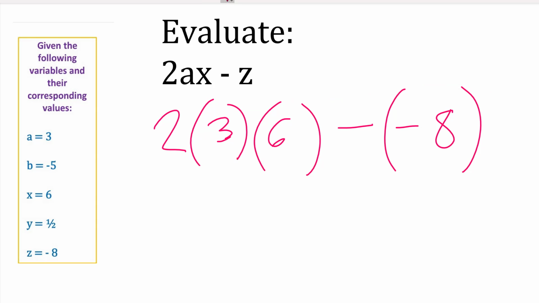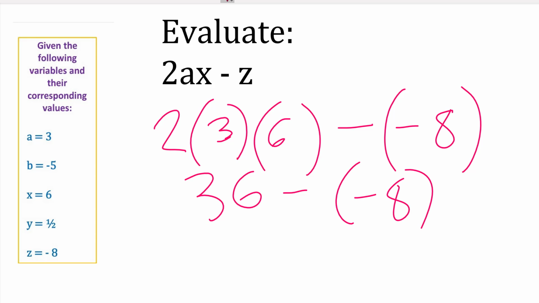So if we simplify 2 times 3 times 6, that's 2 times 18, that's 36, right? That's 36 minus negative 8. Although we have discussed this many times before, this is a subtraction.